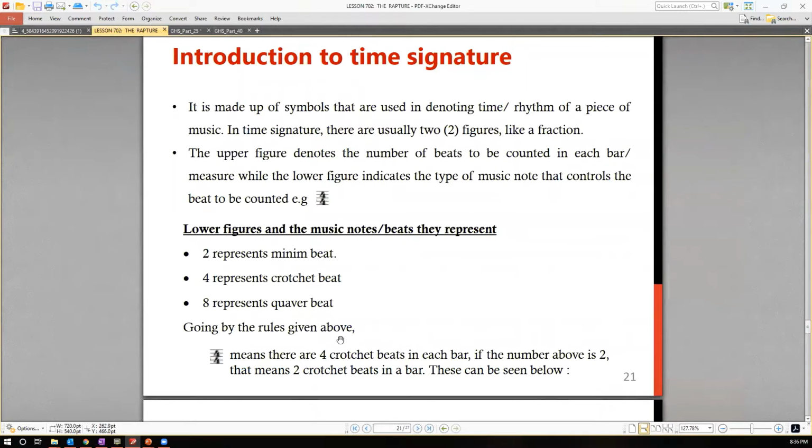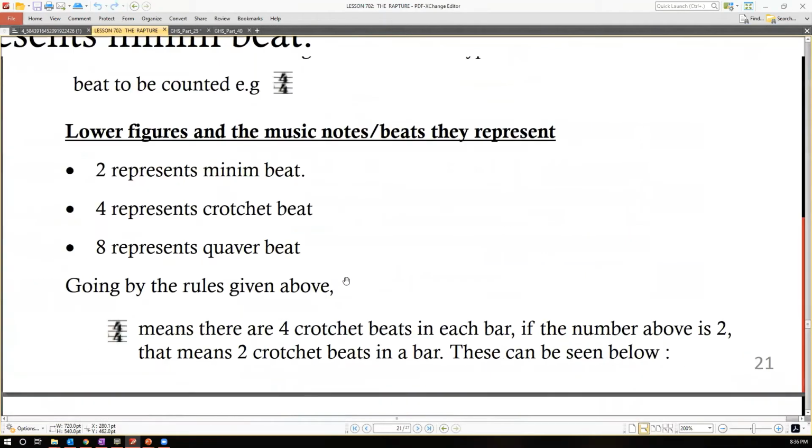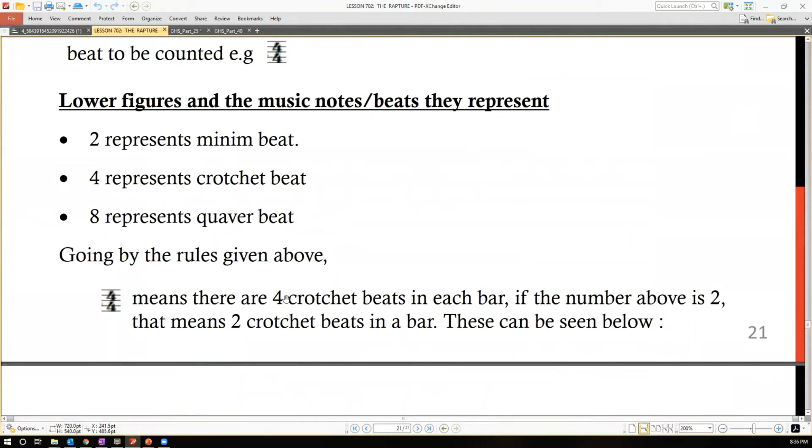So going by the rules given above, 4/4, like you see here, means there are 4 crotchet beats in each bar.